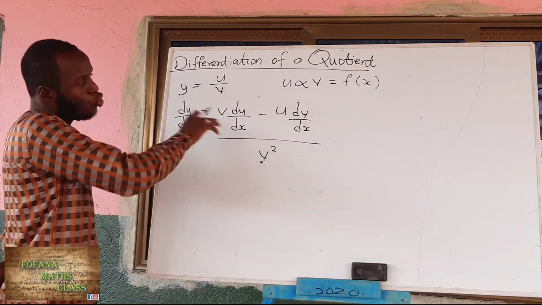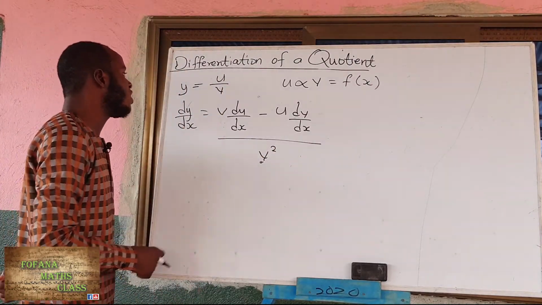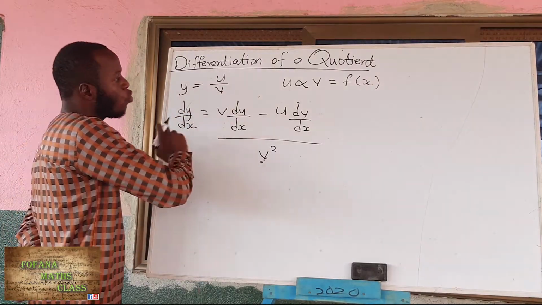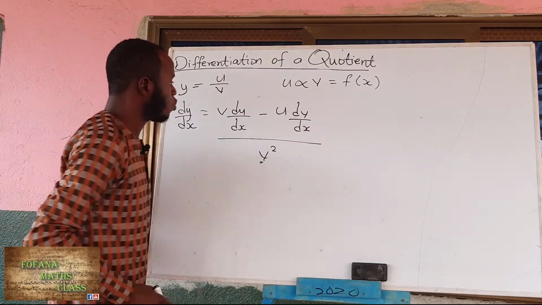This is the formula that you will be using when you have a function in the form u over v, where u and v are functions of x.